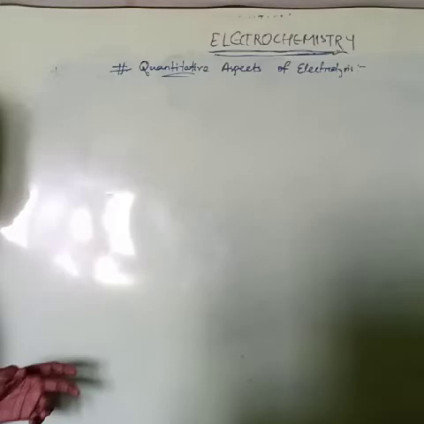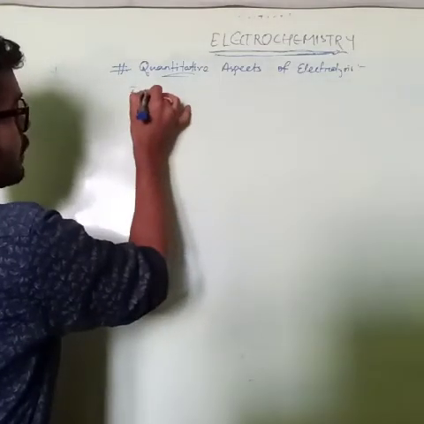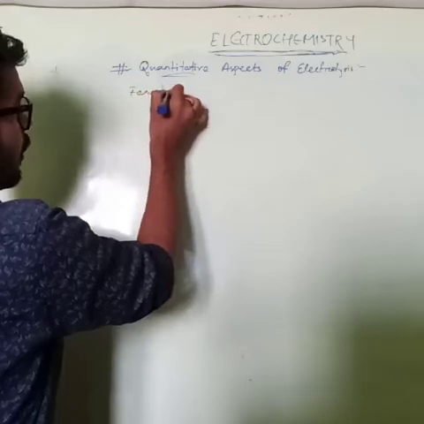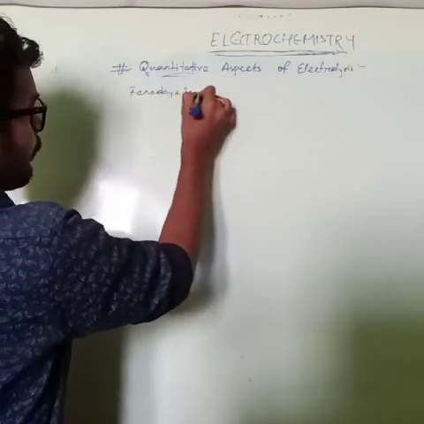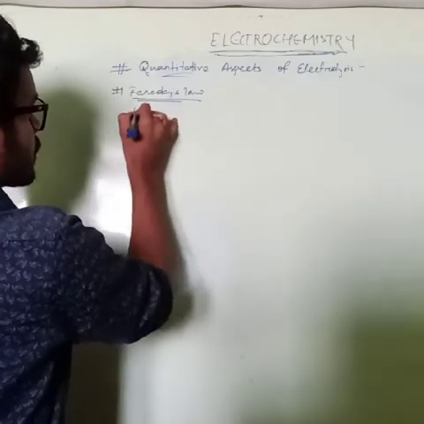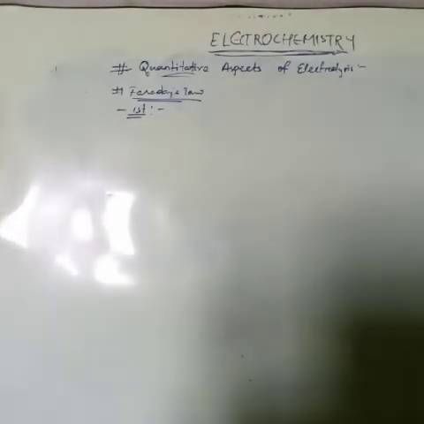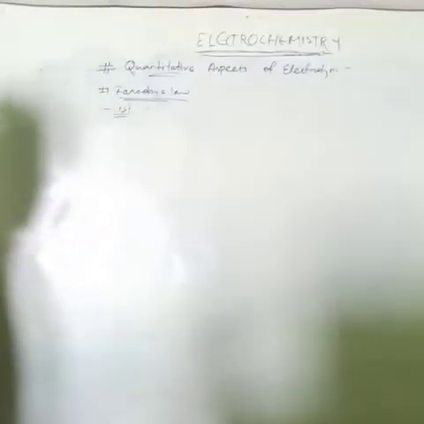And for this, Faraday's first law. Michael Faraday is the scientist who gave Faraday's laws. He gave two laws. We will discuss the first law first. So what is the first law? It is very simple.